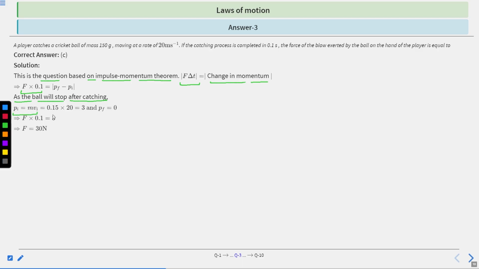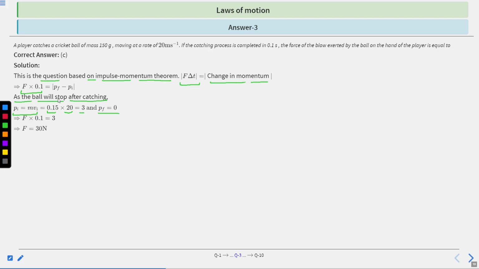Here mass is 150 gram and velocity is 20 meter per second, so 0.15 into 20, which is equal to 3, and final momentum is 0. Why 0?